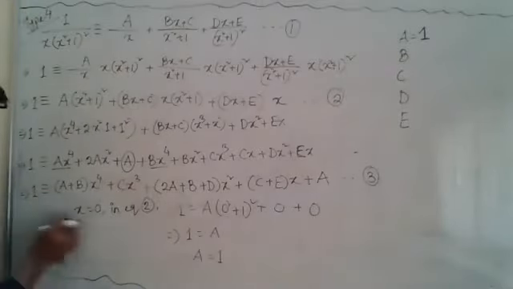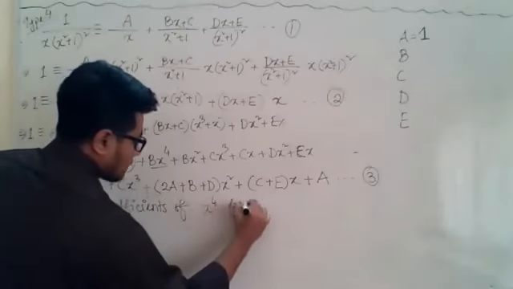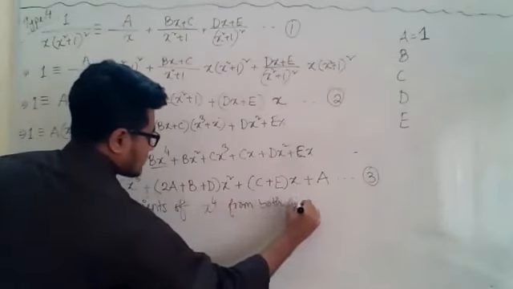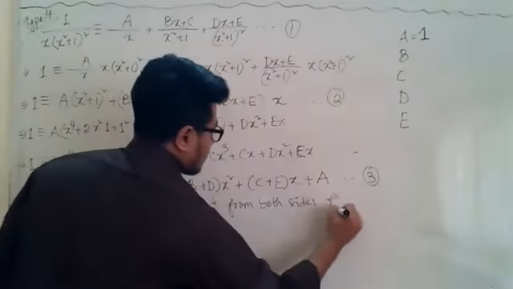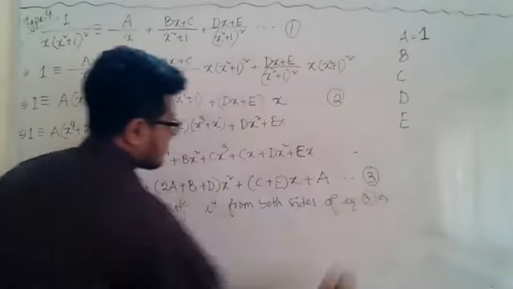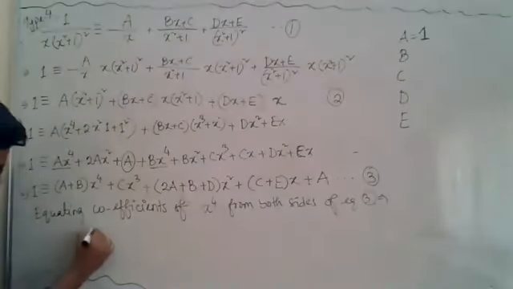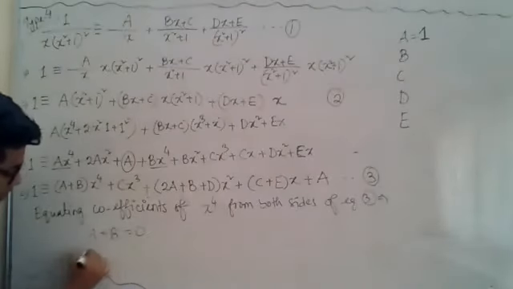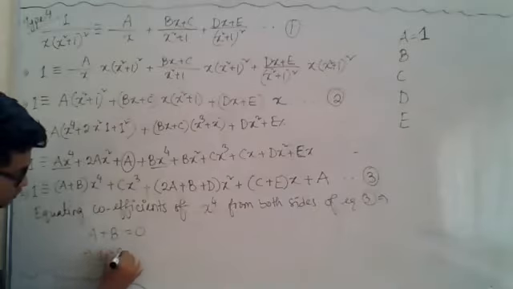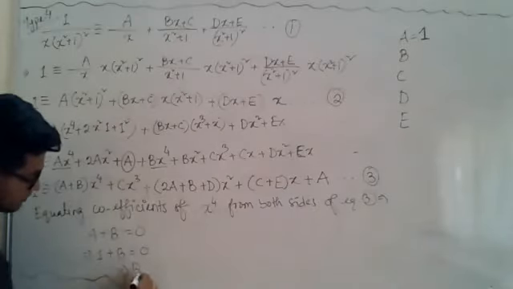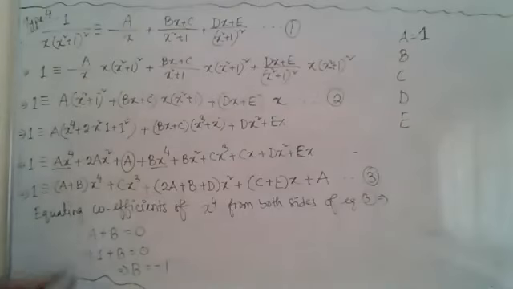So I will write, equating coefficients of x to the power 4 from both sides of equation 3, I can write a plus b is equal to 0, and the value of a is 1. So 1 plus b equal to 0. So b will be equal to minus 1. Clear, right? The value of b is minus 1.